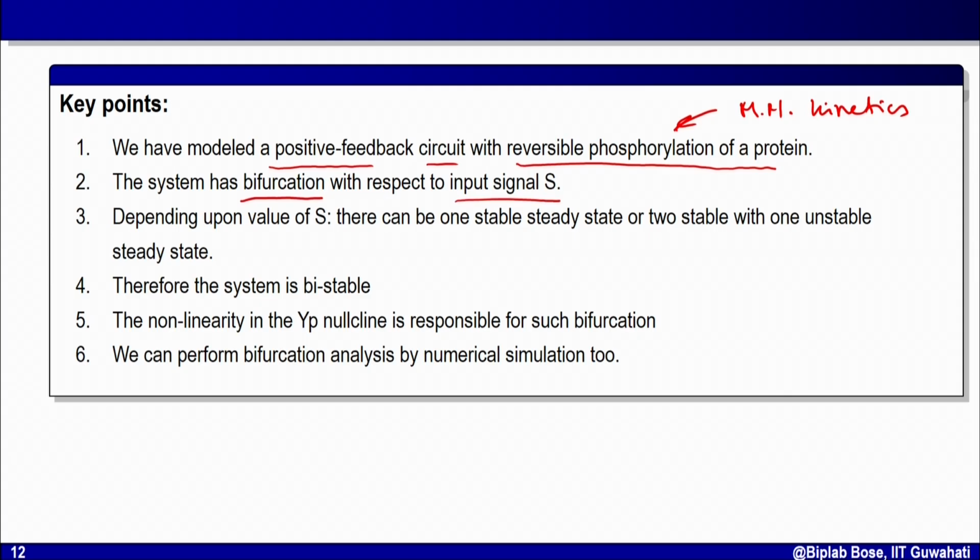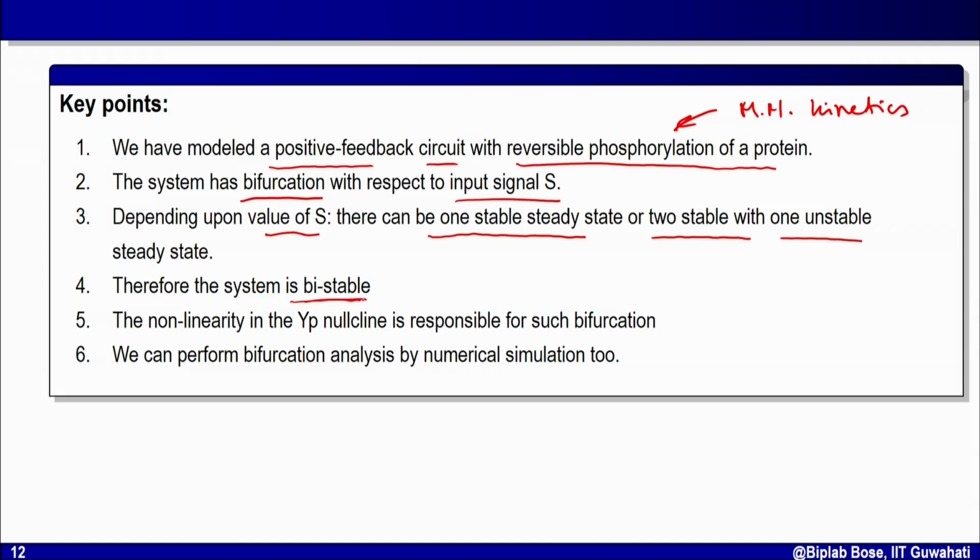Numerical analysis also shows that. Depending on the value of S, you can have two situations. One, you can have one stable steady state, or you can have one situation where you have two stable steady states and one unstable steady state. Therefore, the system is actually bistable in that region.